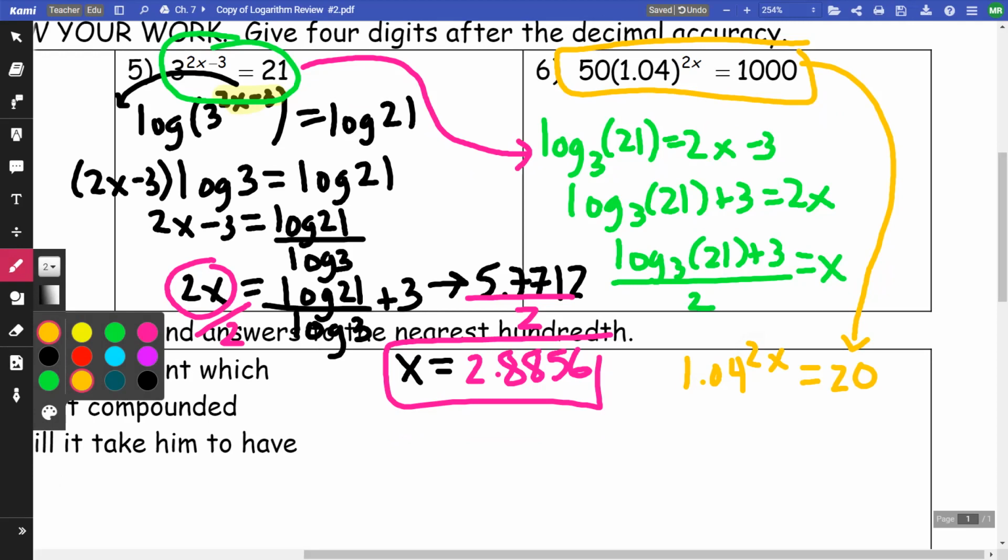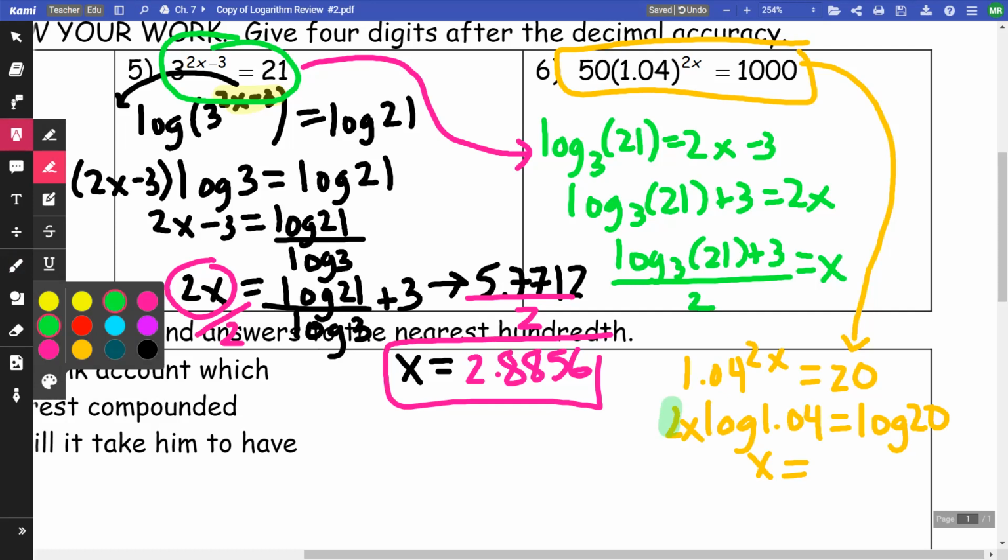Now I can log both sides, and when I log this side, the 2x is going to come in front. Log of 1.04 is equal to log of 20. I'm going to get the x by itself. And when I'm doing that, I need to get rid of the 2 and this log of 1.04.